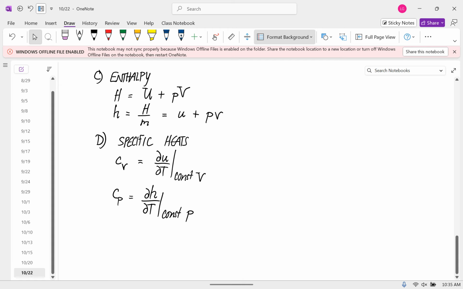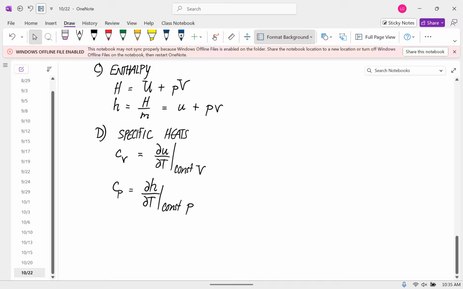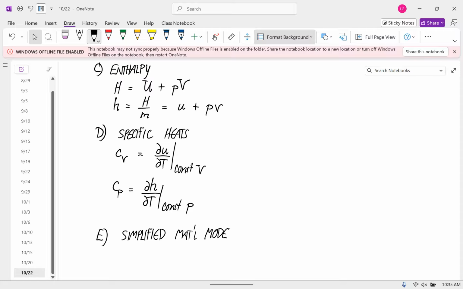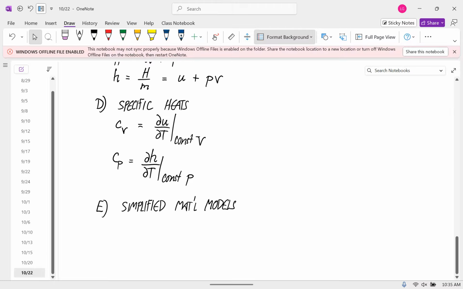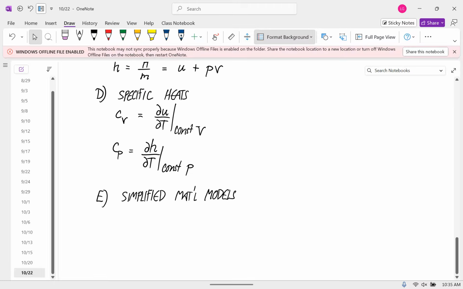And then we use the specific heats for part E, which is our simplified material models. And there are two of those.